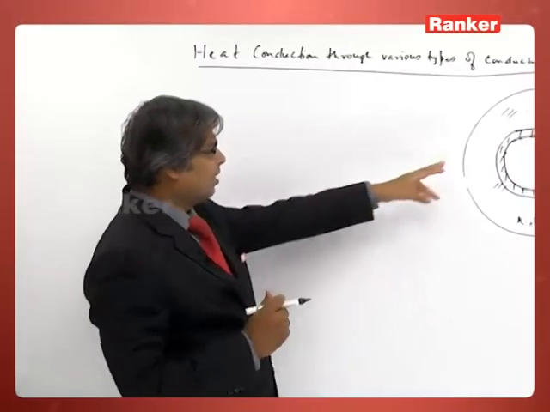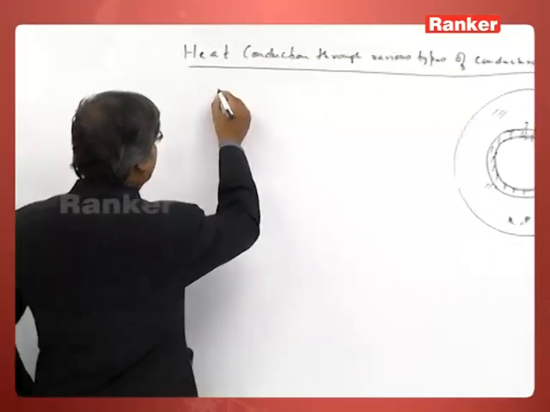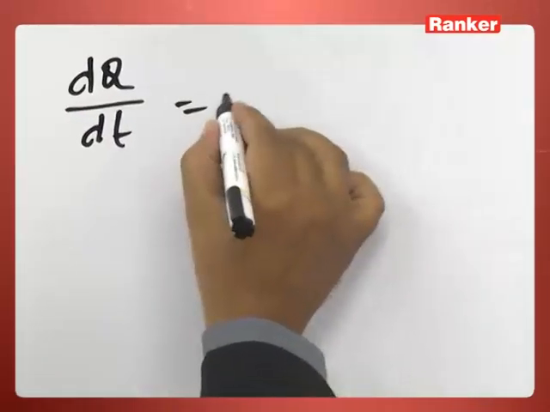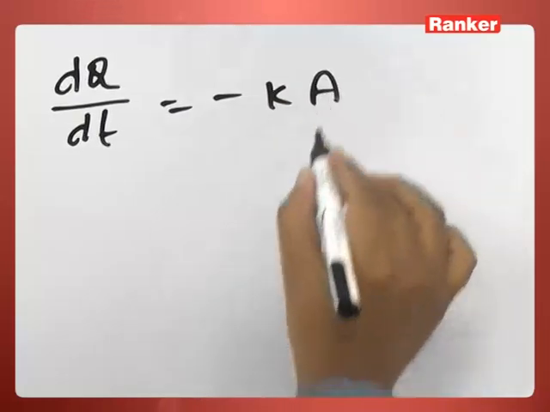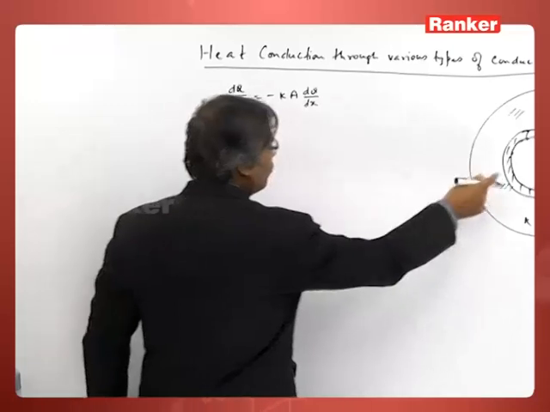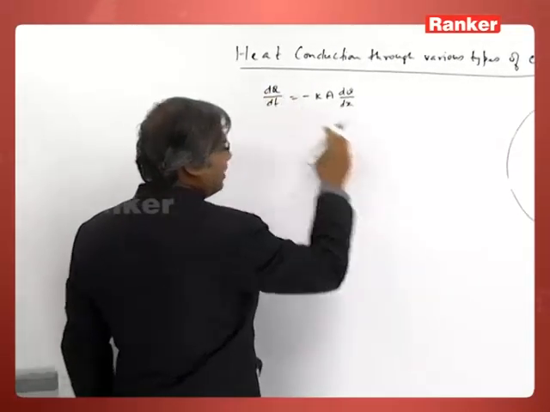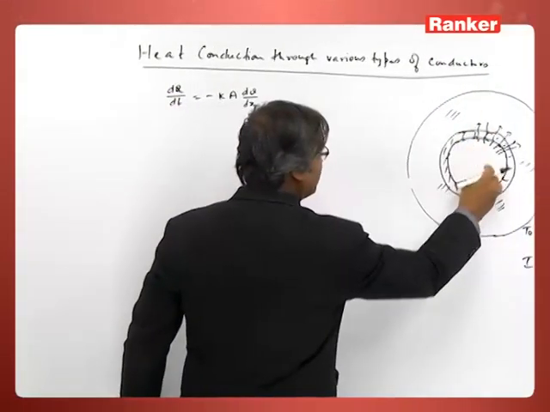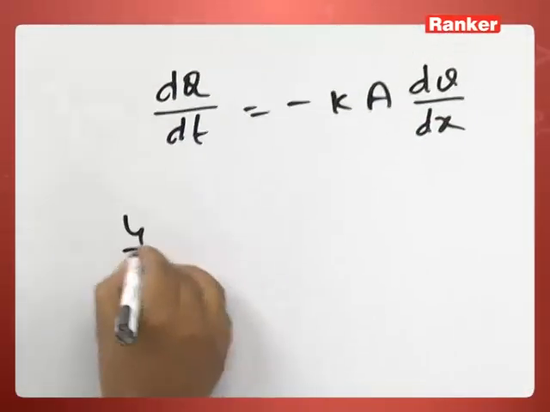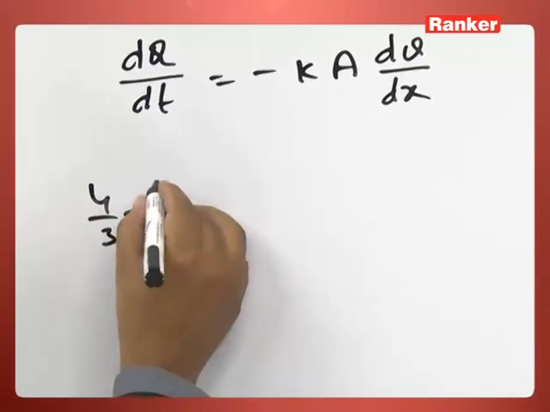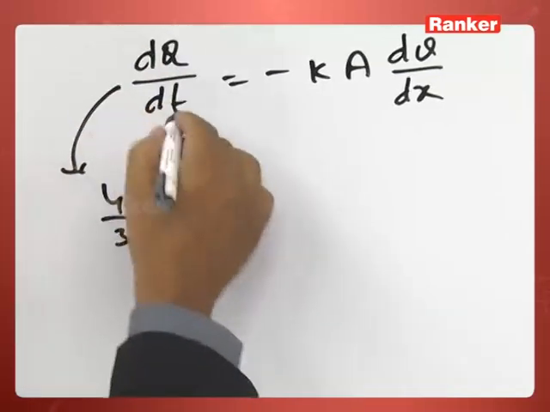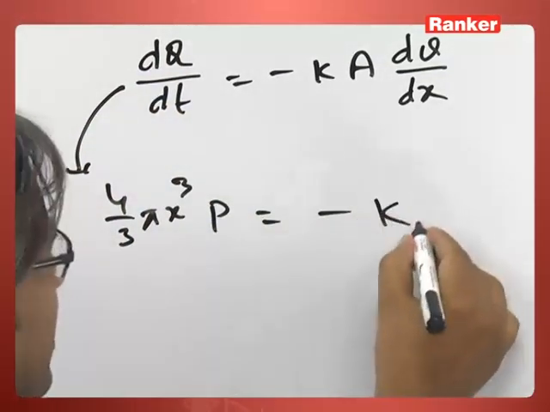Now, using Fourier's law, the rate of heat transfer dq by dt is equal to minus k A into d theta by dx. For this shell, the rate at which this shell must transfer energy is the rate at which the energy is produced inside it, that is 4 by 3 pi x cube into P. This is the same quantity dq by dt, which is minus k into area.